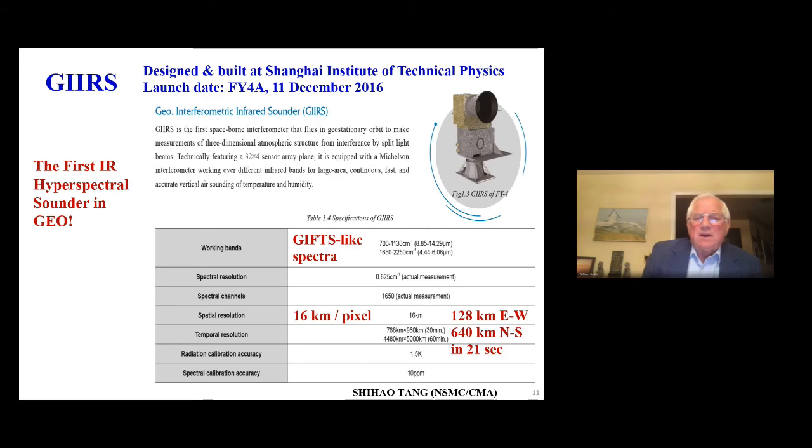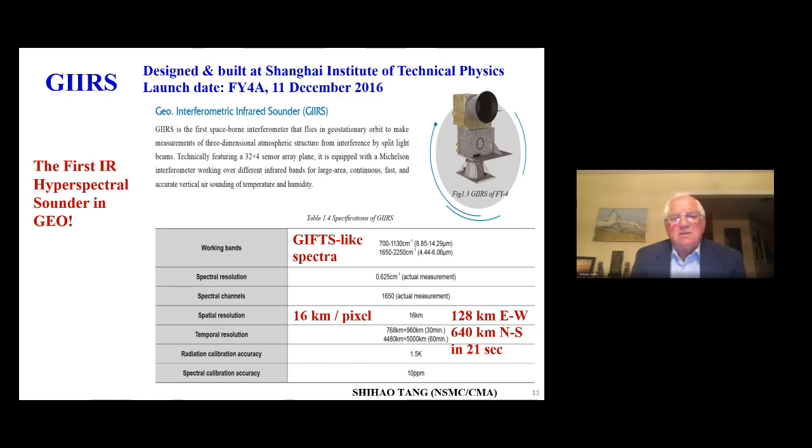The only thing different from GIFS is that it has 16-kilometer spatial resolution rather than 4 kilometers. And this is more like the polar satellite spatial resolution. But China's going to launch 2 more of these instruments, and each one will have higher spatial resolution, and the third one that gets launched will be like the full GIFS capability.